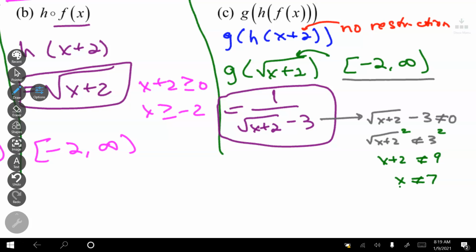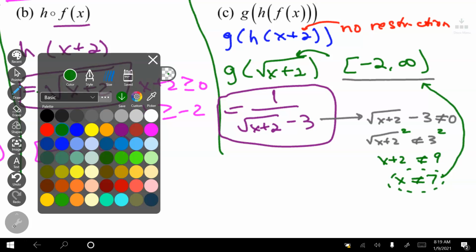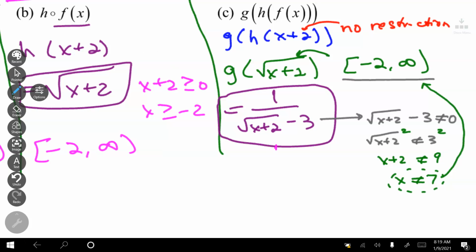And I think you see that 7 is part of that window. So my earlier domain restriction of negative 2 to infinity has an extra restriction added to it that x cannot equal 7. So my domain for this final result here is negative 2 to 7, parentheses union, 7 to infinity. And I understand this is a little bit harder, but this is what we're trying to work on.